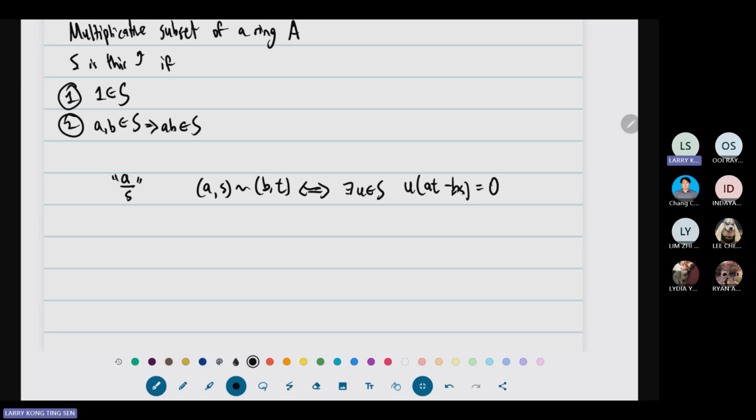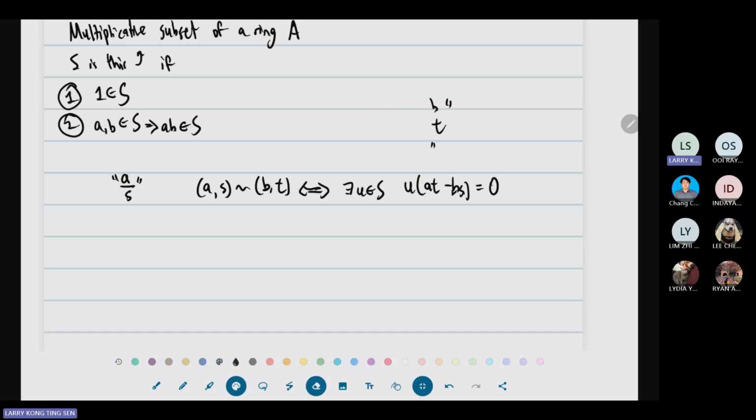Usually for nicer fractions, like for a field, we only need at - bs equals 0 perhaps.